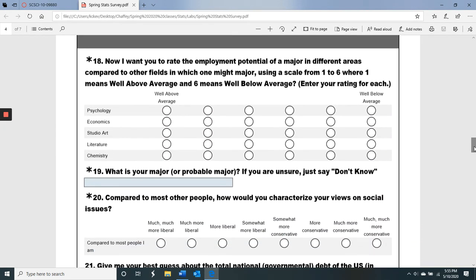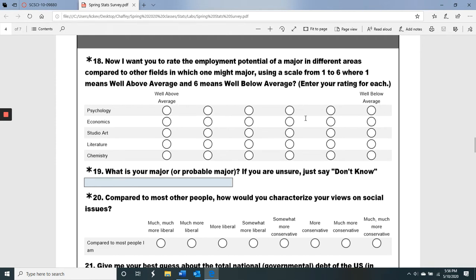18. And so 18 is the employment potential. So how employable are these different majors? From very employable to very not employable in terms of the average employability of a major. So again, we have this Likert scale from low on the variable to high on the variable.